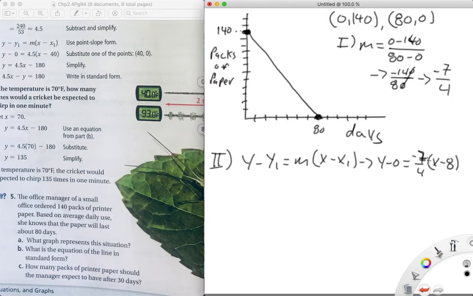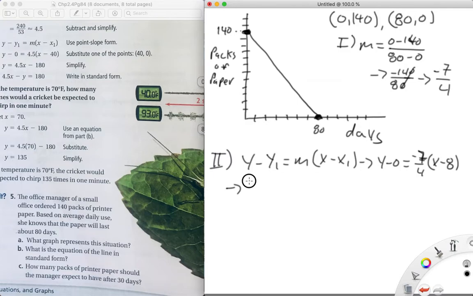One of the conditions is that we have to have our A and B be whole numbers, not fractions. So I'm going to multiply the whole equation by 4.